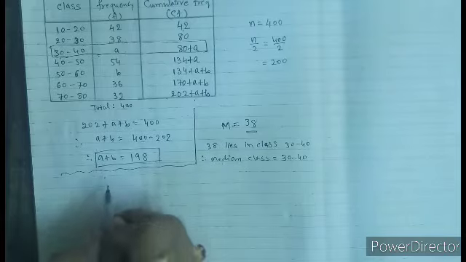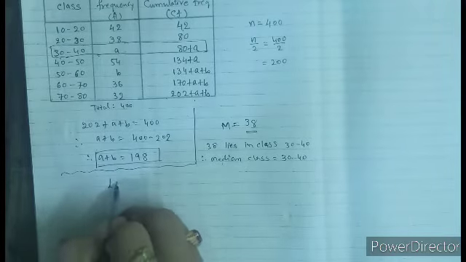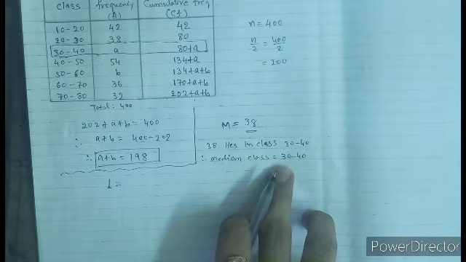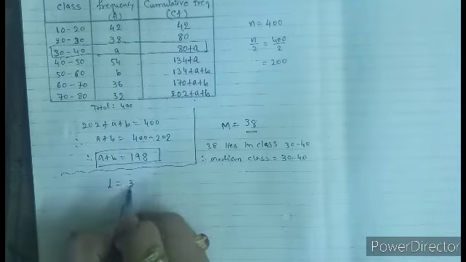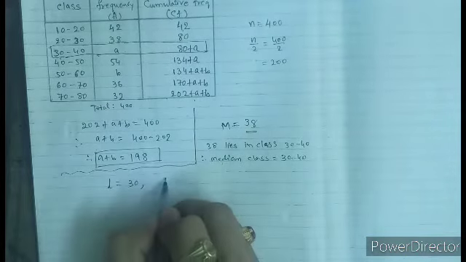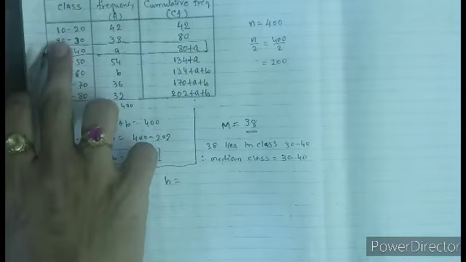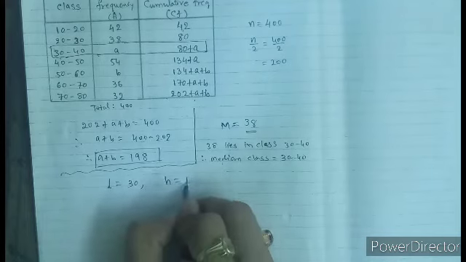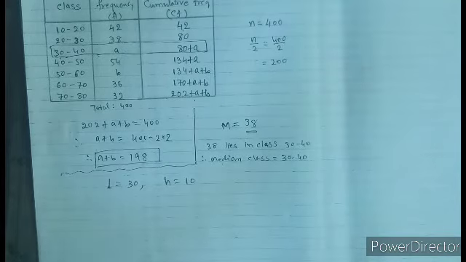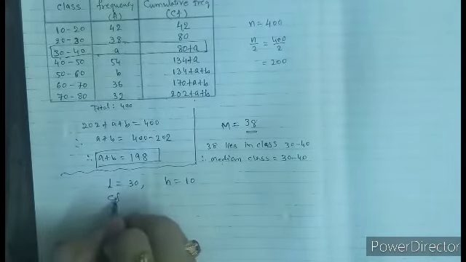Now to obtain the other required terms, we know that L equals the lower limit of the median class. So here L equals 30. Then H is the class length. Here classes are 10 to 20, 20 to 30, etc. Therefore the class length is 10. The next required term will be CF.